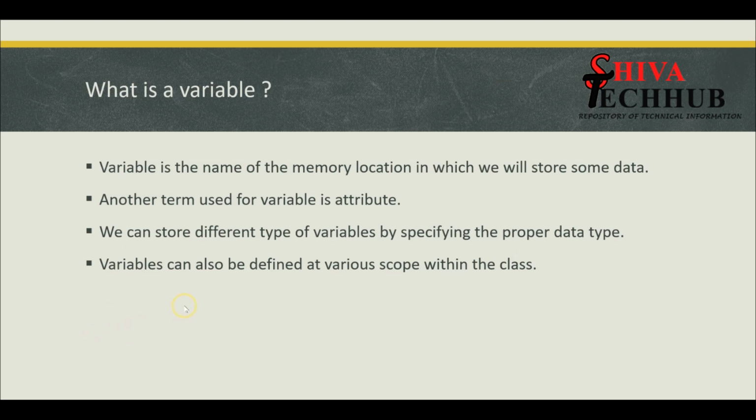The next point is that a variable can be defined at various scopes within the class. We'll learn about scope in the coming slides. We can define variables at different positions in a class, within a method, outside the method, and so on. We'll look into them in detail.